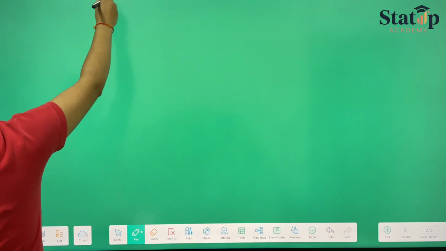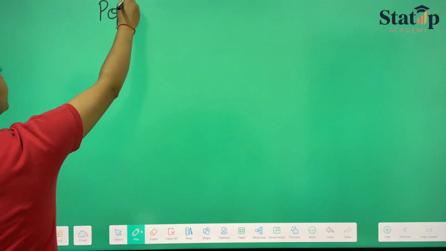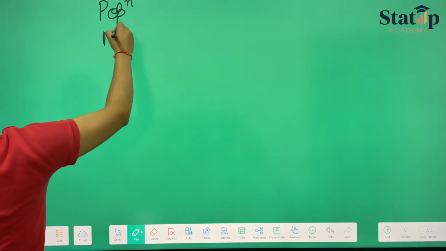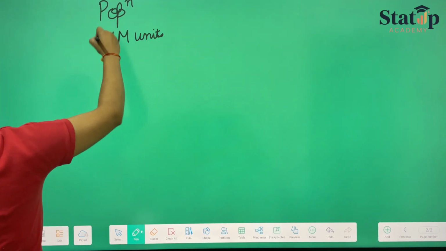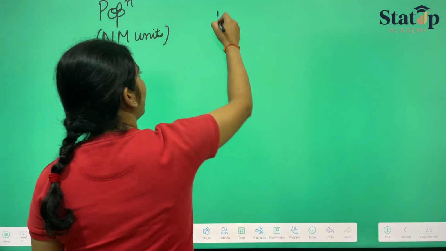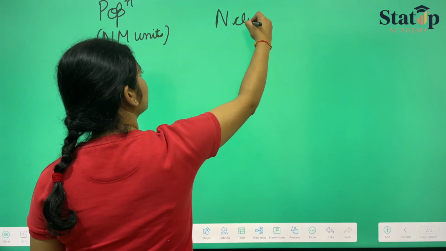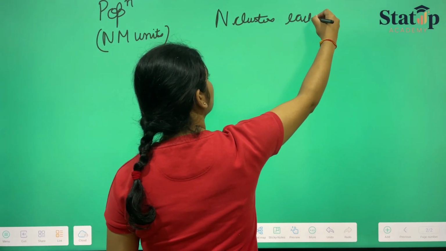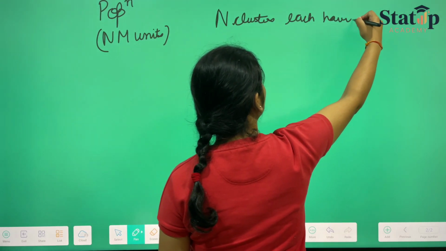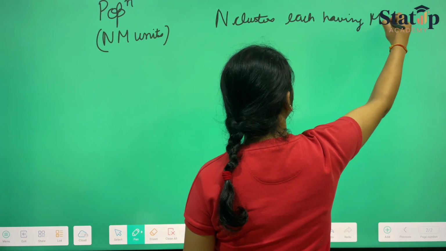First one, there is the population. The population consists of N and M units, NM units, in which there are N clusters, each having M units.